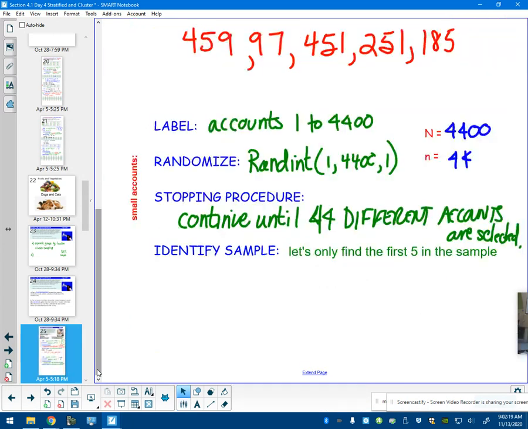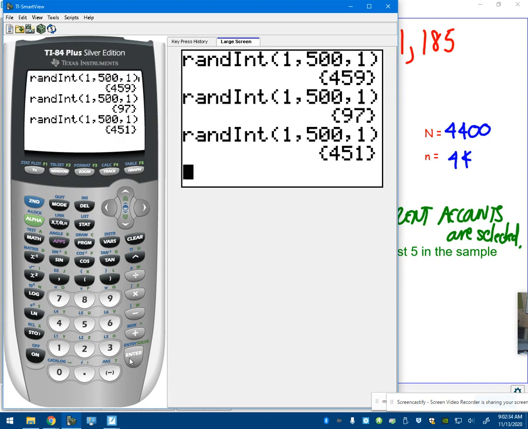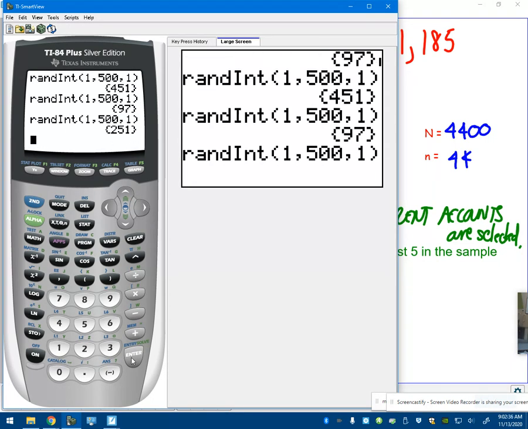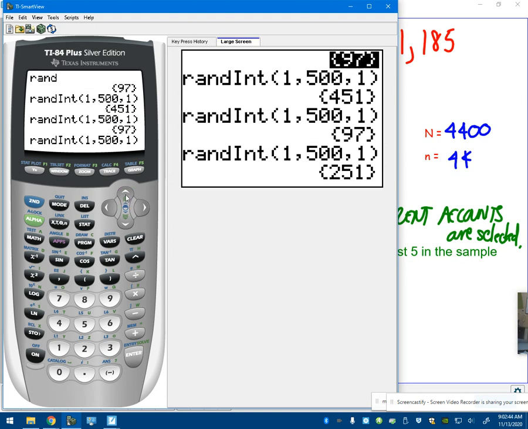And can I just keep pressing my calculator right now? No. Here's a little interesting thing. Let me press it 4 times or 5 times, right? So now I'm where you guys are. 97 happened twice? I didn't catch that.